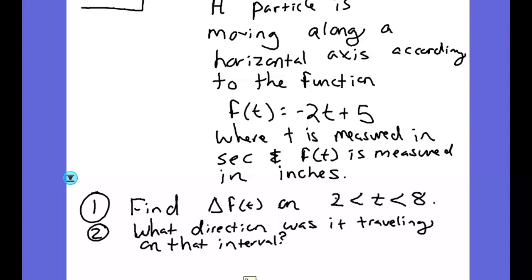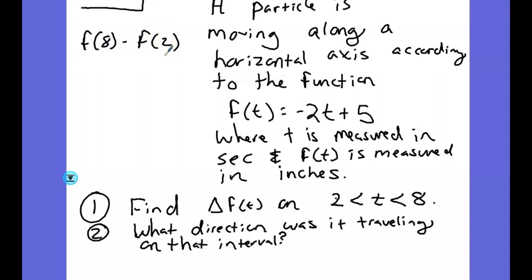So, Jacob, what do I do first, bud? Do you know what to do first? Did you think about it at all, or no? Good. So we want to do f of 8 minus f of 2. Good. That's good enough. Thank you. All right. How about Akaya?